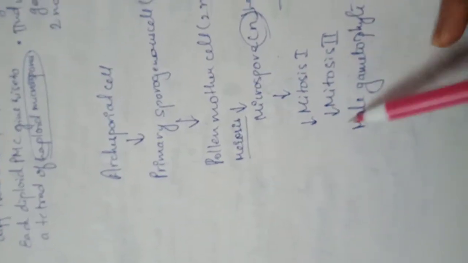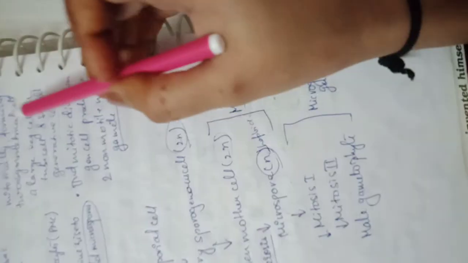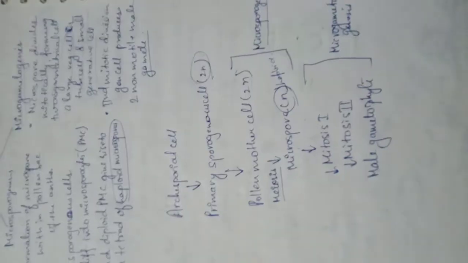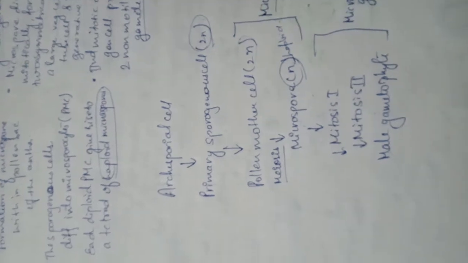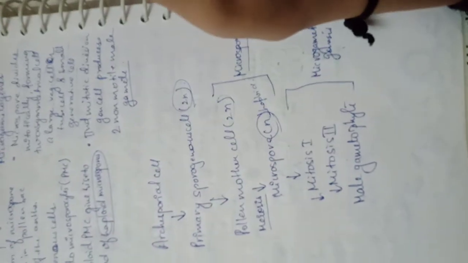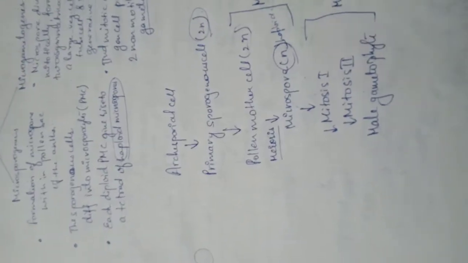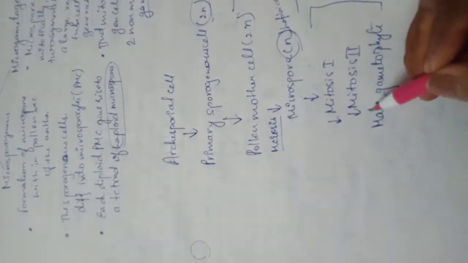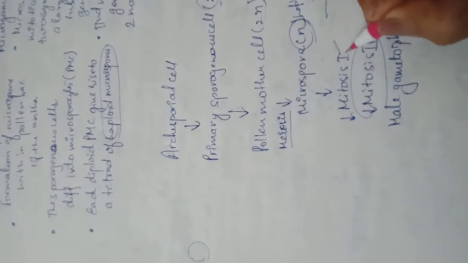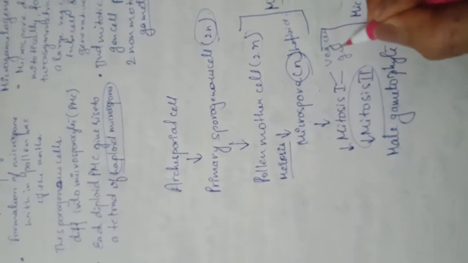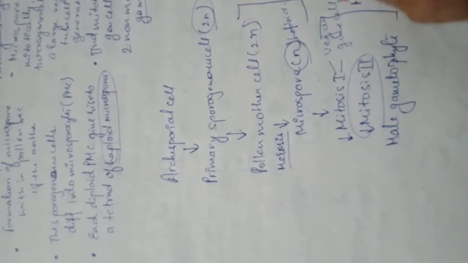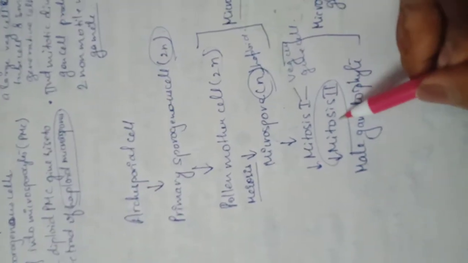After haploid, what happens? Two mitotic divisions occur, the first mitosis and the second mitosis. The first mitosis is the start of gametogenesis, and in the first mitosis two types of cells are formed, the vegetative cell and the generative cell. After that, the second mitotic division takes place, and after the second mitotic division, what?